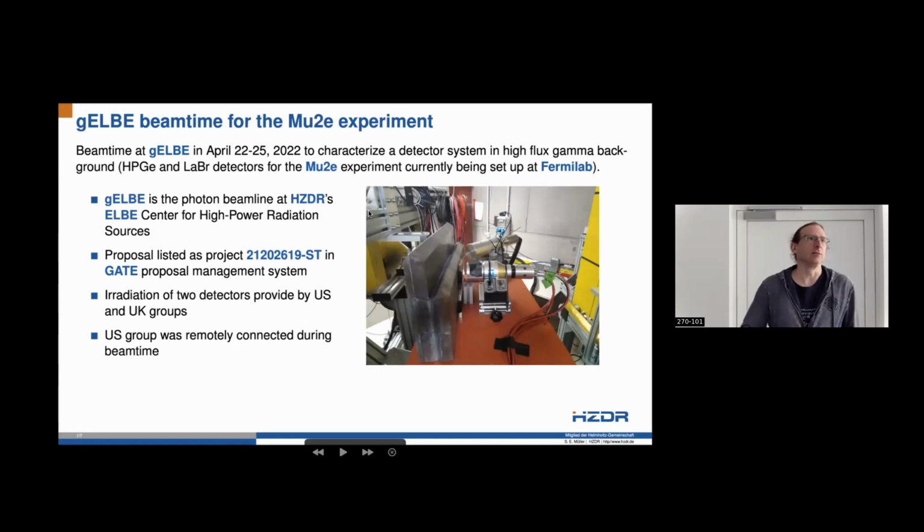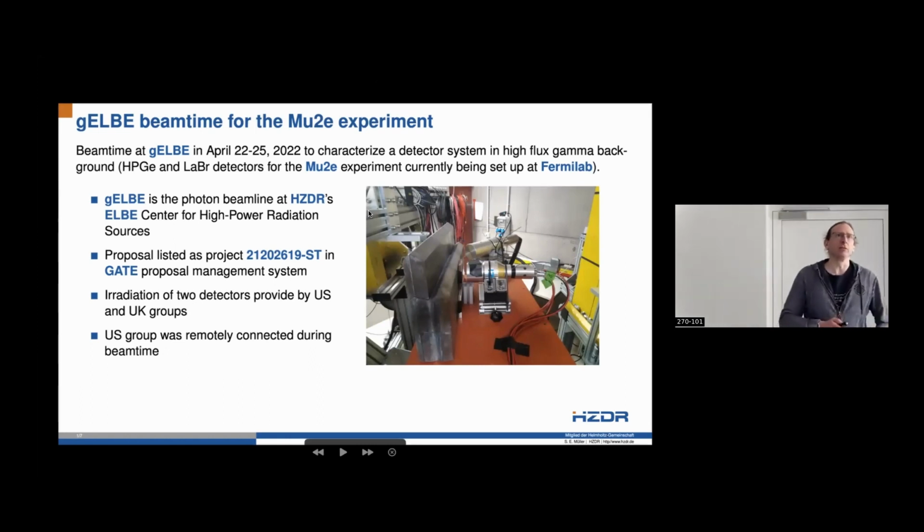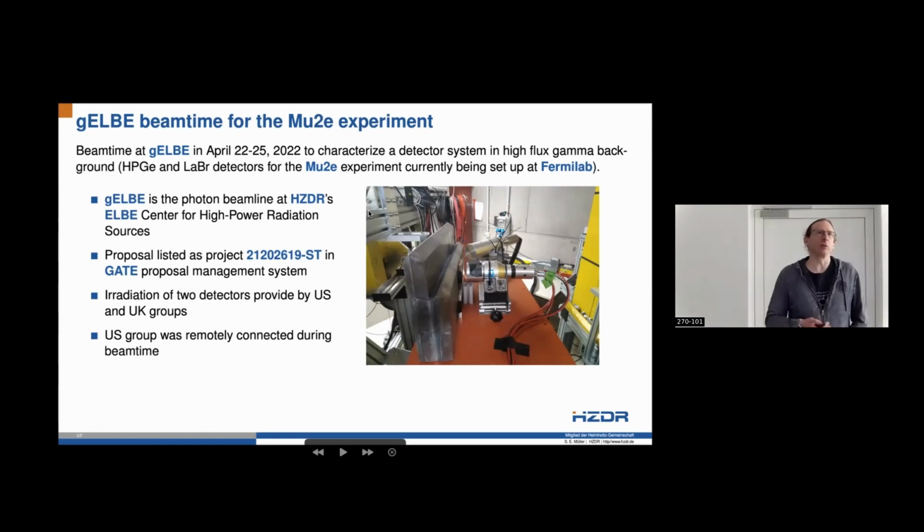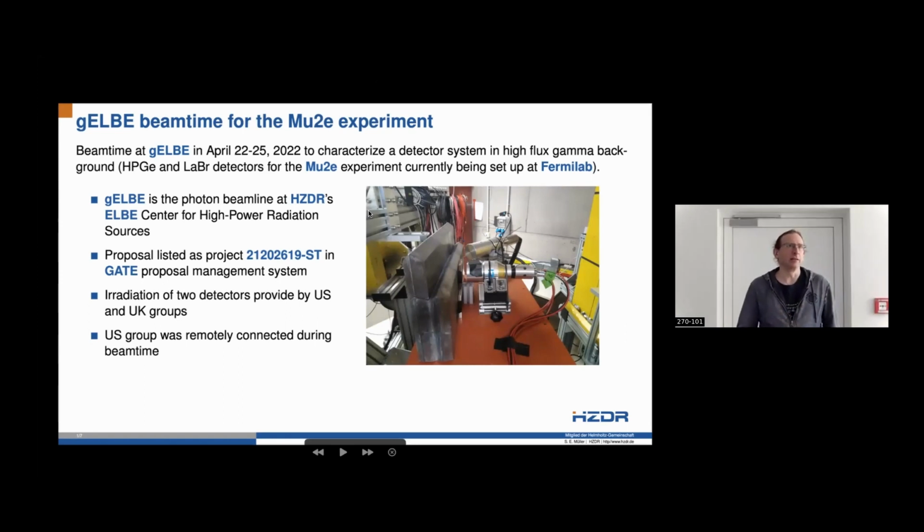Essentially, 2 of these detectors, as you can see, were irradiated behind a lead wall with a small hole of 1 square centimeter to shield a little bit of the radiation. This was just to show that these detectors can perform in the environment that we expect at the Mu2E experiment, which we reproduced here with the GLB beamline.